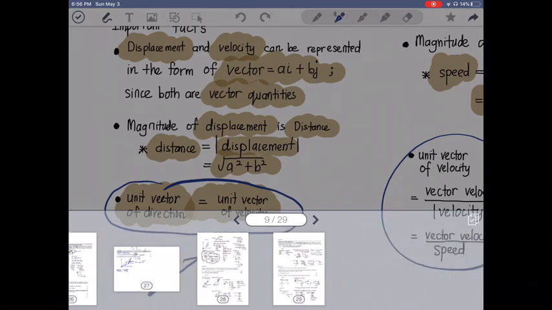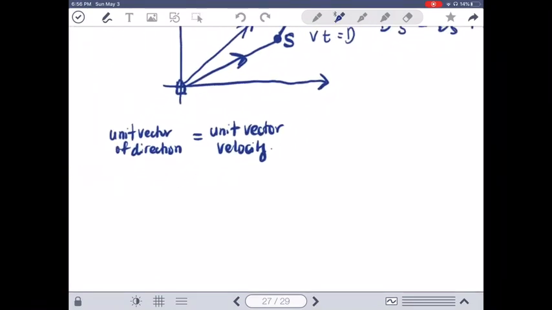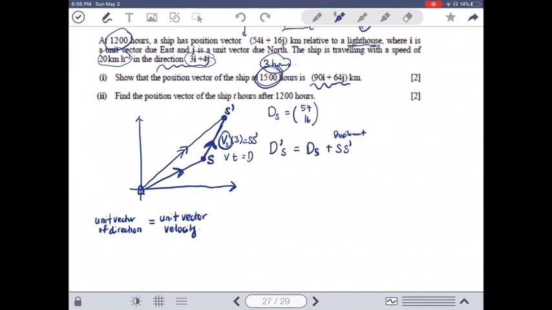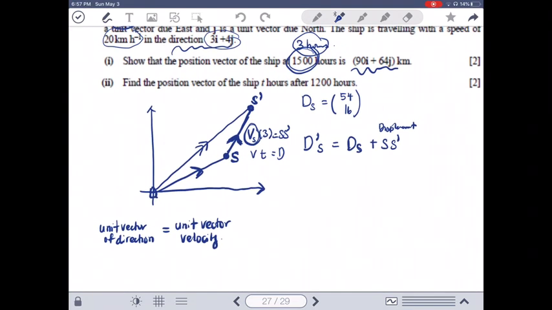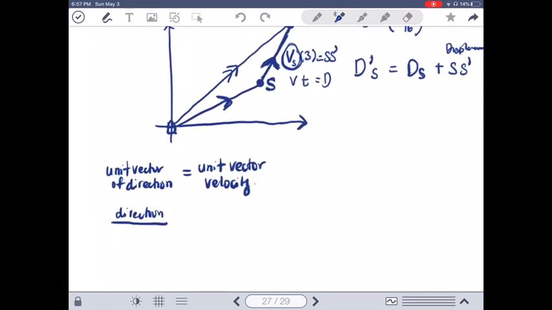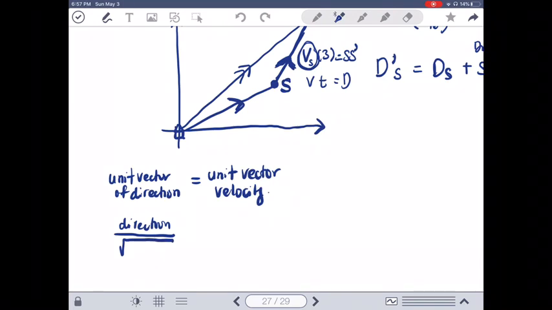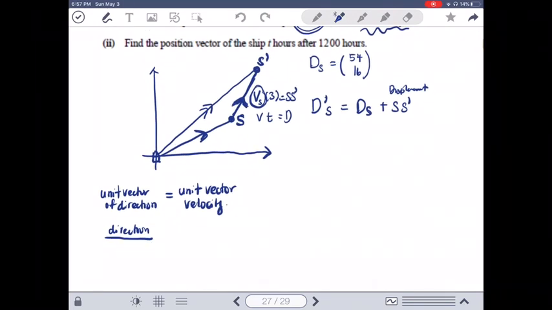So back to our question. The unit vector of the direction means that the direction vector divided by its own magnitude is just equal to the velocity vector divided by its magnitude. Okay.